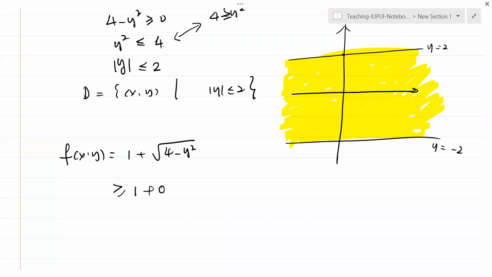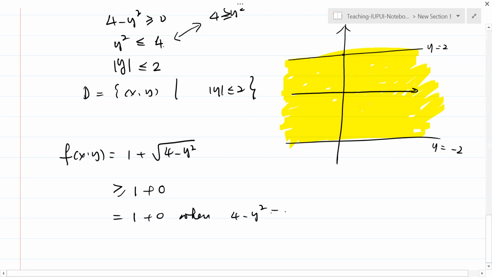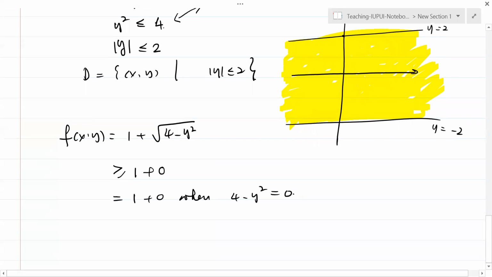And this can be 0, right? It is 0 when 4 minus y squared equals 0. So the value of 1 can be reached.